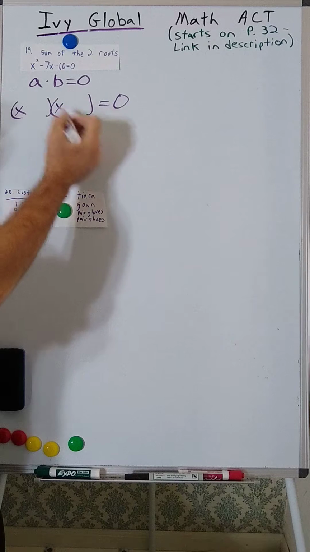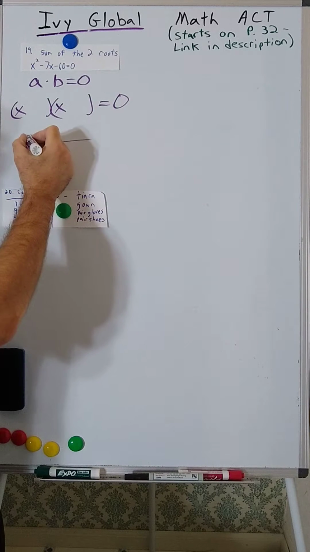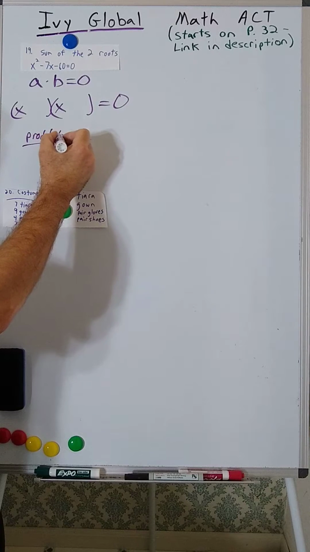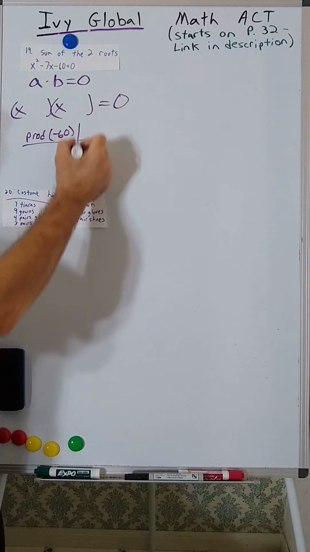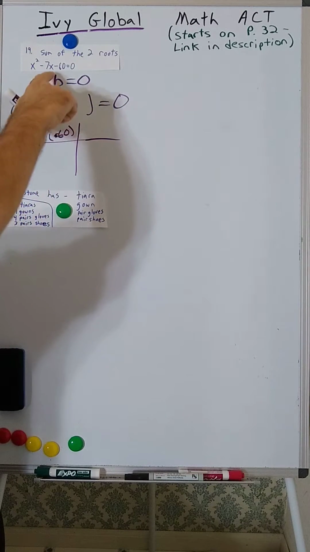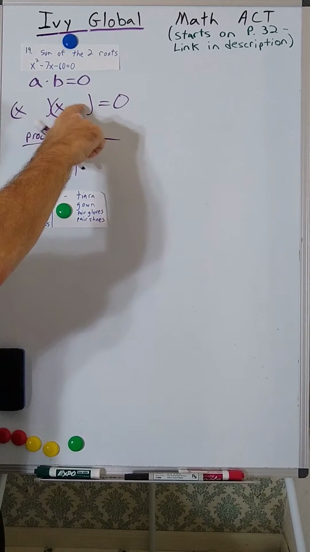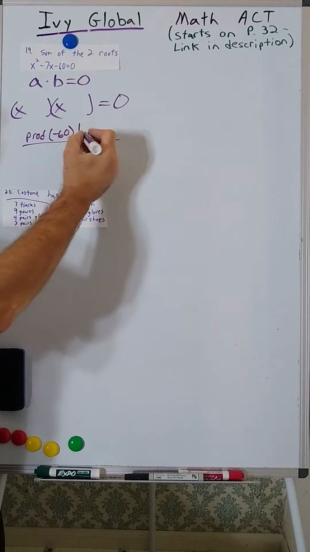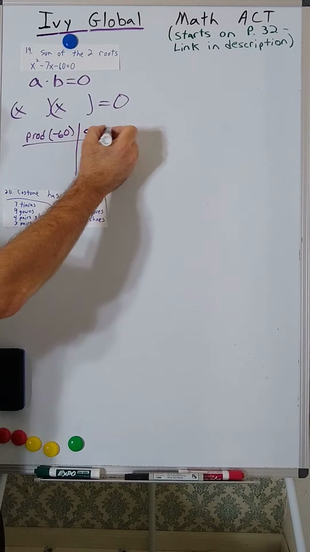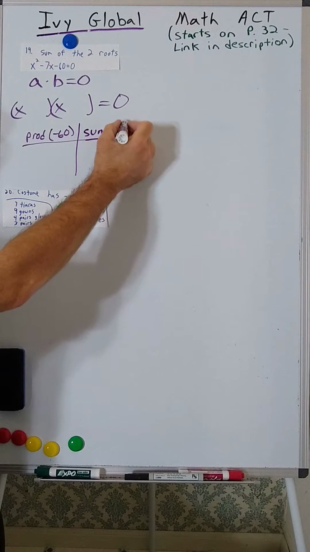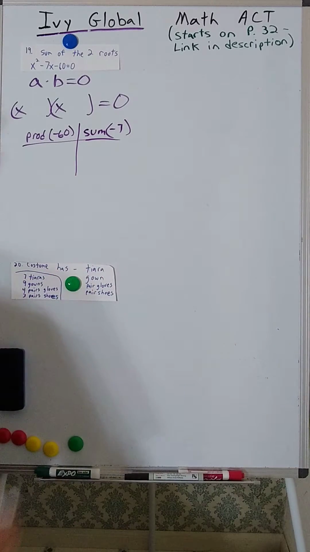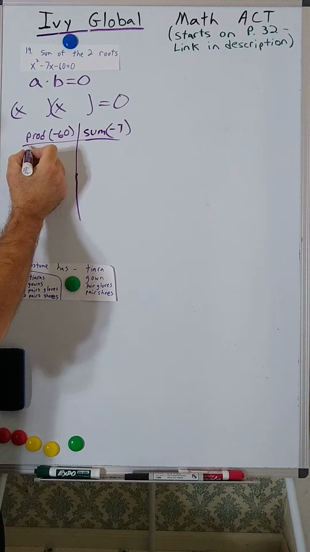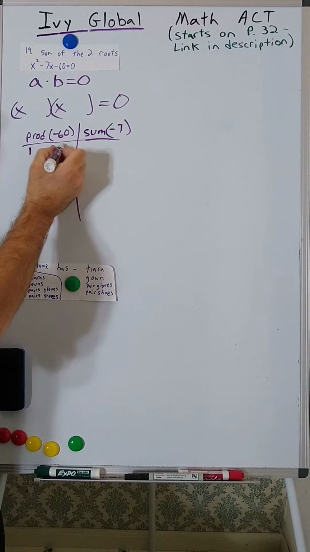So these two numbers must have a product of negative 60, and these two numbers will add to give us this coefficient of negative 7, so they must have a sum of negative 7.